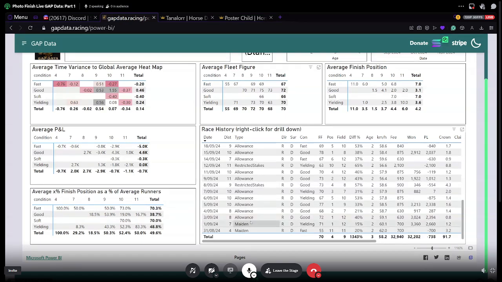You won at a 7, then you won at an 8, got a second at an 8, and then for whatever reason you ran him at a 10, which is fine, you still got a first. I think maybe this fleet figure tricked you, and you thought, oh, this fleet figure went up, he must be a 10. Then you kept racing him at 10 and 9 and 11.